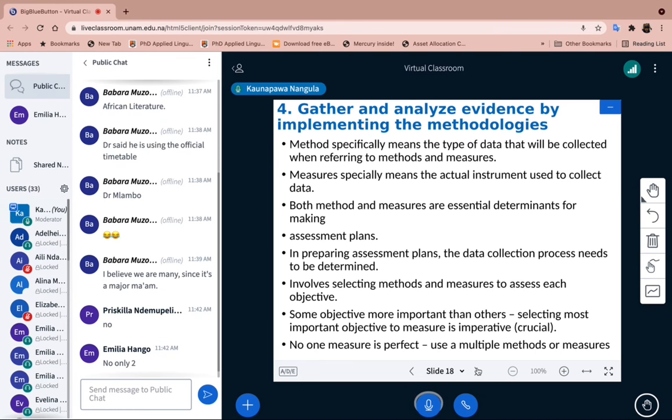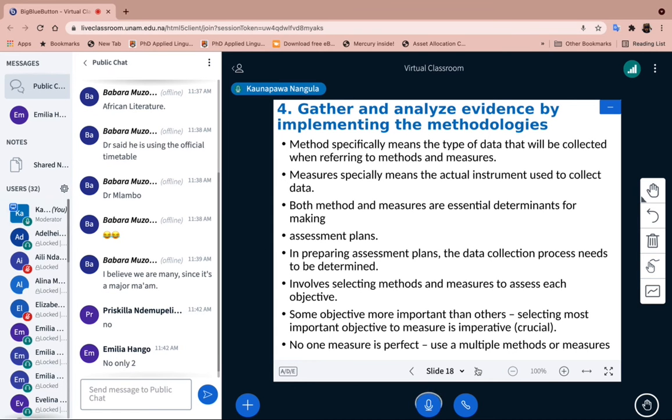When it comes to deciding on what measure to use, like an instrument to collect the data, remember that there is no one perfect measure. There's no one perfect instrument that you can use to collect ample data.